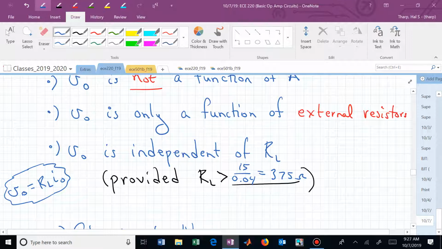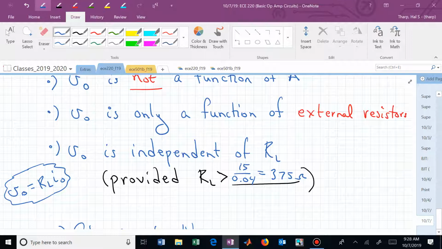If somebody now tries to put a load resistor on that circuit of 100 ohms, guess again when you try to find V sub 0, it's not going to be what we calculated as minus 8. So you might see something different if you tried to load that op-amp circuit with a very low valued load resistor.